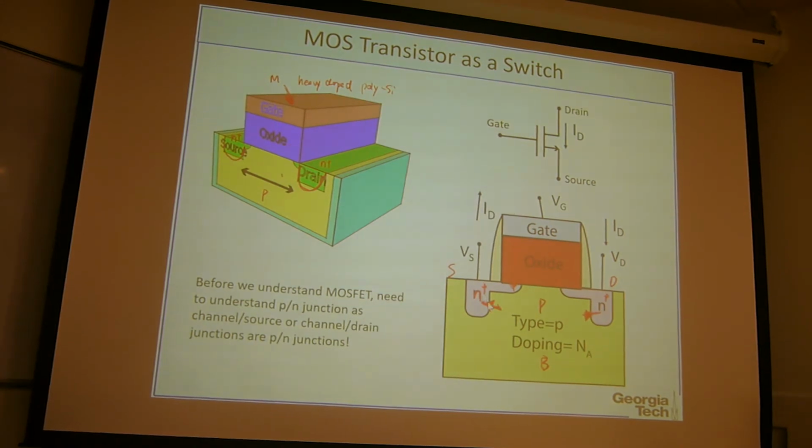If you look at the MOSFET structure, for example, this is an N-type MOSFET. The substrate or the body is P-type, and then we have the source and the drain, N-type, heavily doped. So from the body to the source, we have this p-n junction, and from the body to the drain, we also have a p-n junction. So today we are going to discuss the p-n junctions in more detail before we talk about the MOSFET structure later.